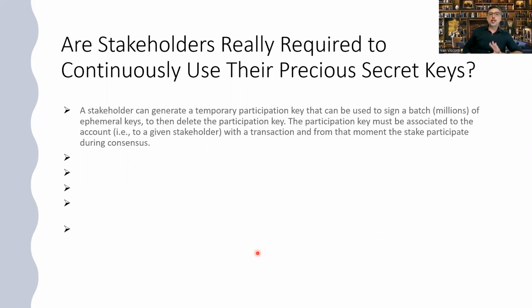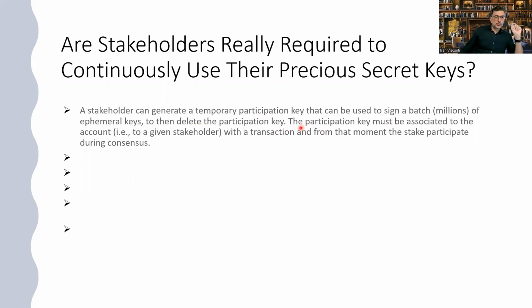The security issue is actually resolved completely, because a stakeholder can generate a temporary participation key that can be used to sign a batch that can be even millions of ephemeral keys. And then that participation key can be deleted.